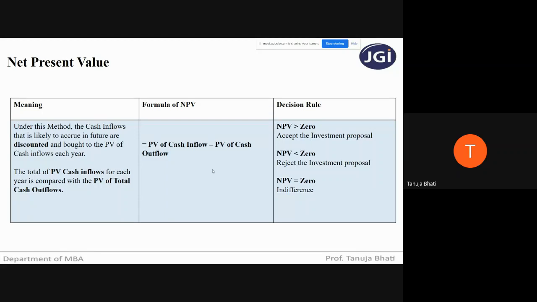Because in NPV, you have to bring all the cash inflows to the present value.